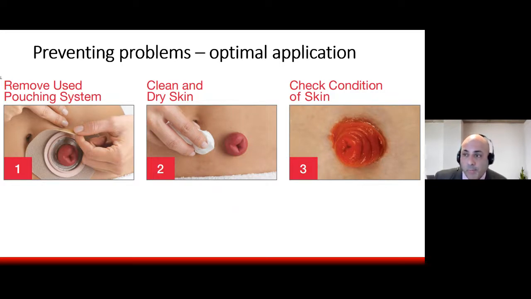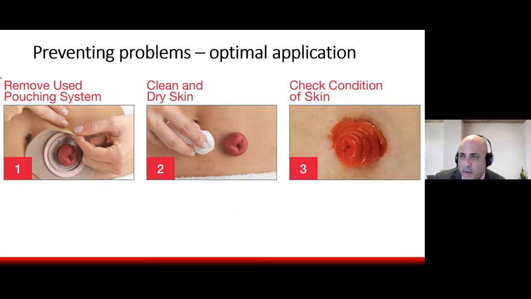Once the barrier has been removed, simply clean the peristomal skin with warm water. That is quite easily done. One does not necessarily need to use soaps, and some soaps that leave a residue or a film are problematic because if left on the skin, they may interfere with the barrier adhesion.